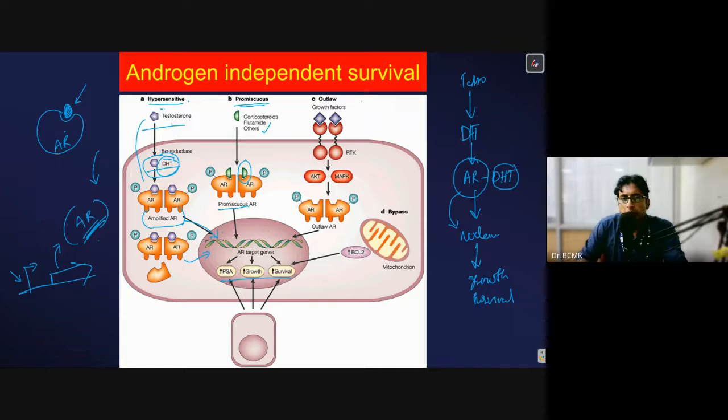There is another way, that is activation of androgen receptors by other signaling pathways. Because of some mutation, if these androgen receptors become activated or connected, or there is crosstalk with other signaling pathways, then too we might end up with prostate cancer. These are the androgen promiscuous and outlaw, these are androgen independent growth, right?